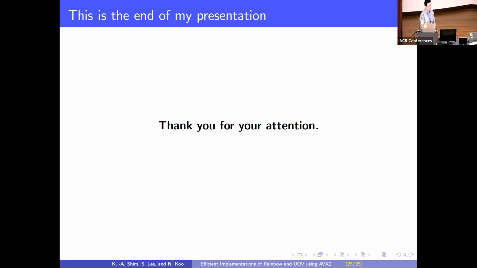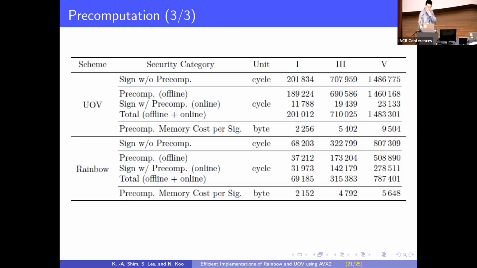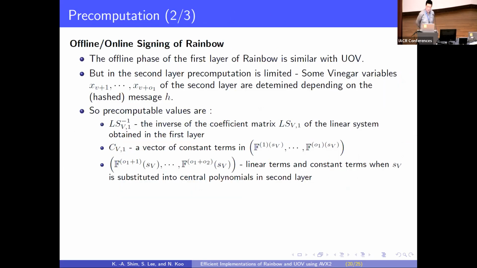When you pre-compute, it's for a specific set of vinegars, right? So is it possible to leak any information as a result of your computation ending up with a singular set of equations?